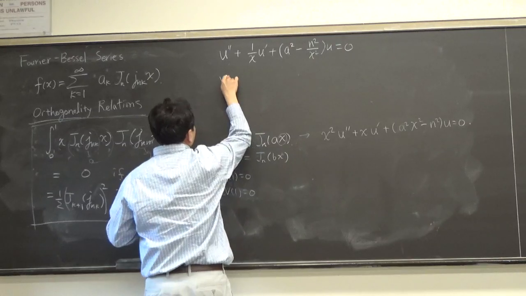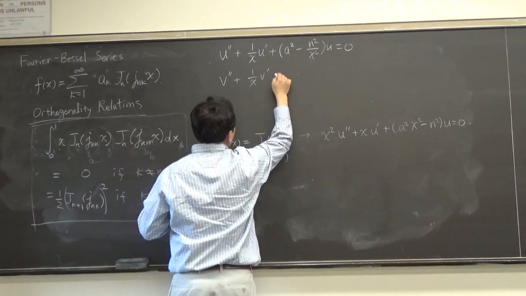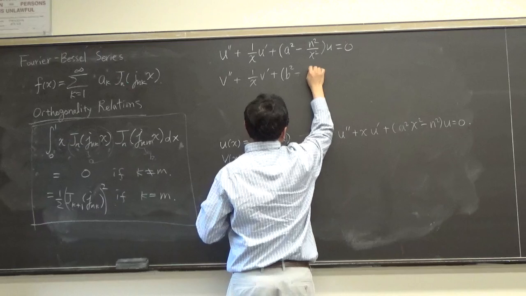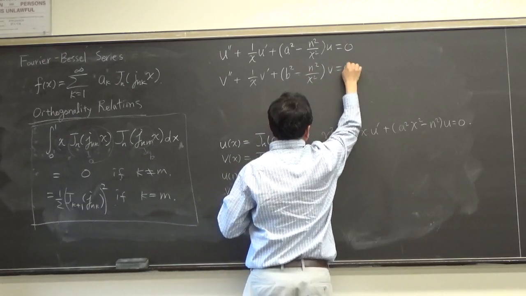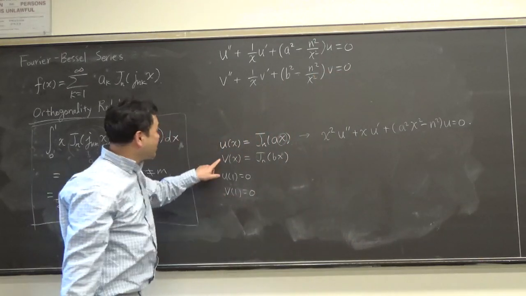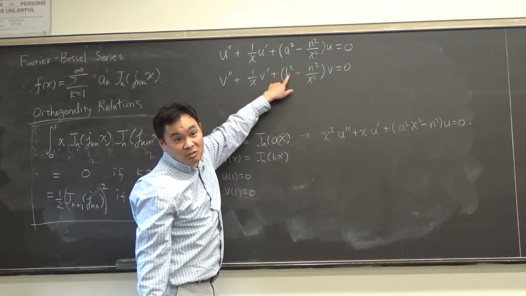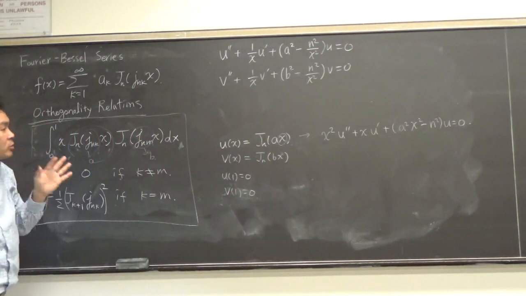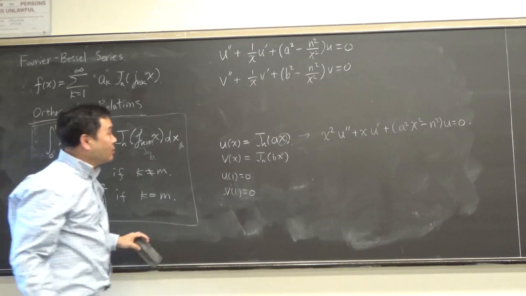And the same thing for v: v double prime plus 1 over x v prime plus b squared minus n squared over x squared v equals 0. Notice that because v of x is b times x, it's no longer a, but b. And we are trying to do the case when a and b are different. I want to show this one is 0.